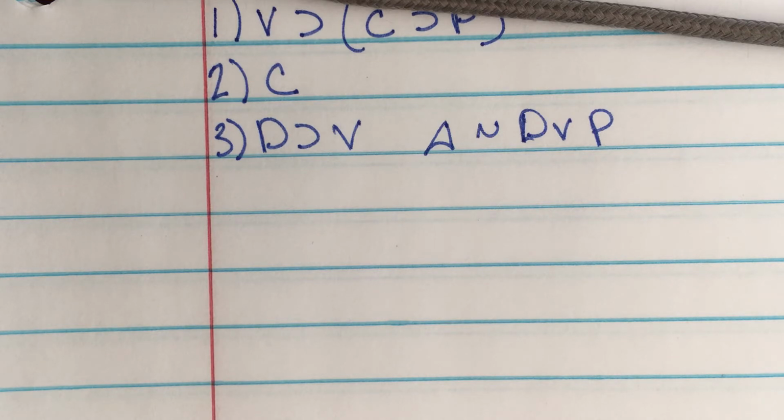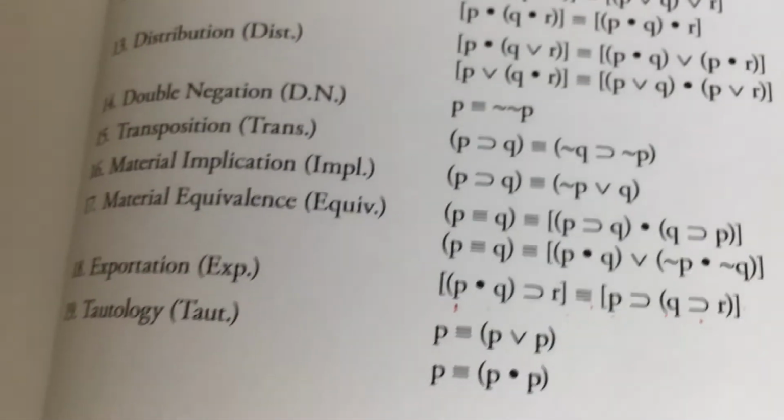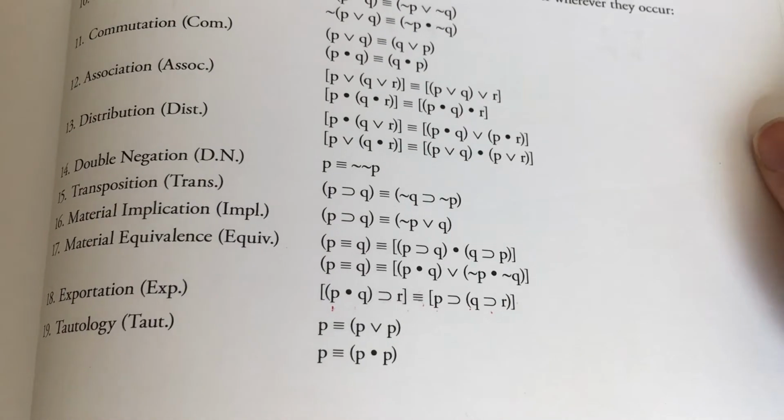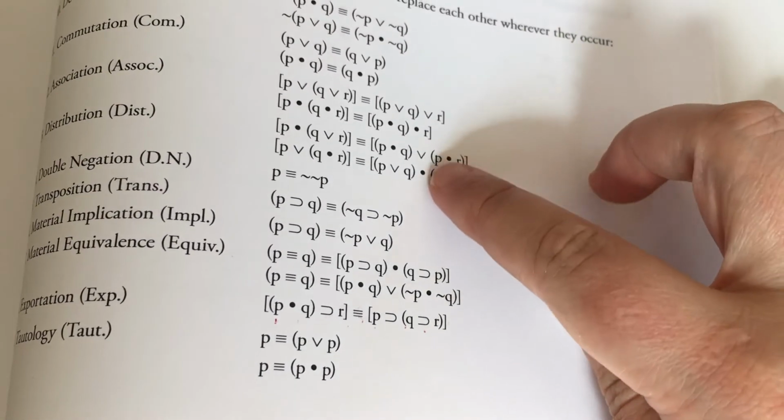So on appendix B, it tells us that, you see right there, I'm looking for it.